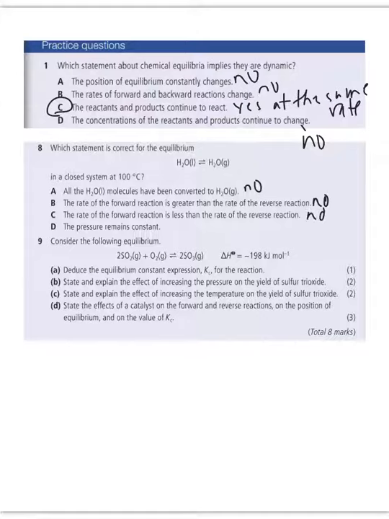The rates are equal, which is what makes it at equilibrium. The pressure remains constant. That would be true at equilibrium. So yes, the pressure has to remain constant because the amount of gas is going to remain constant, which is what would affect the pressure. So since that amount has remained constant, then D, I would expect the pressure to remain constant.